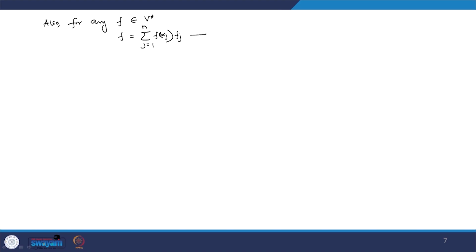So, any linear functional can be written as a linear combination of the f j with the coefficients being the function value at alpha j. And any alpha can be written as the sum over j equal to 1 to n of f j of alpha times alpha j. Okay, so let us give a proof.